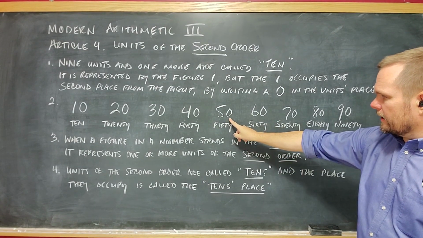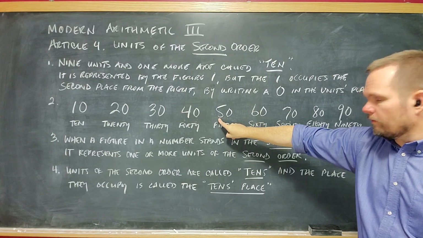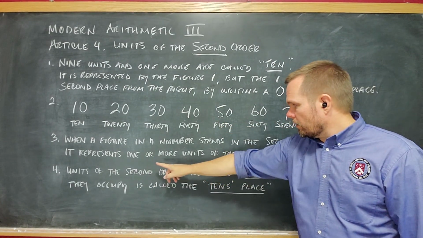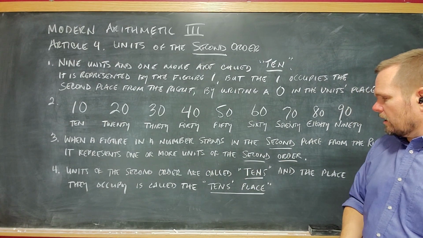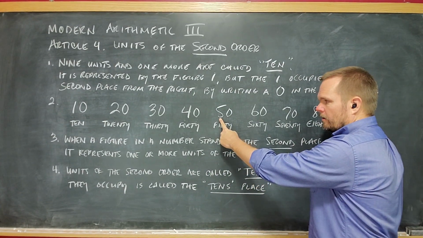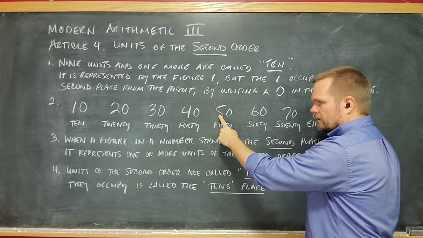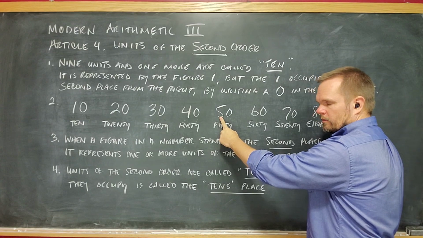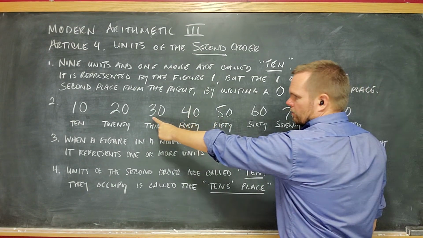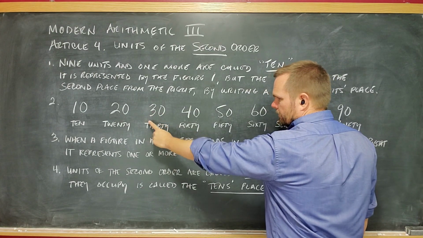When a number stands in the second place from the right, like the 5 here, it represents one or more units of the second order. So this number 5 represents 5 units of the second order. 3 units of the second order.